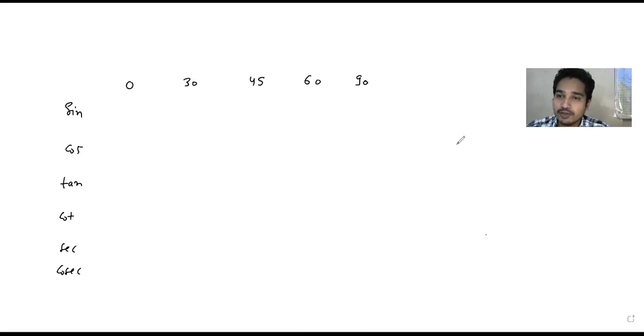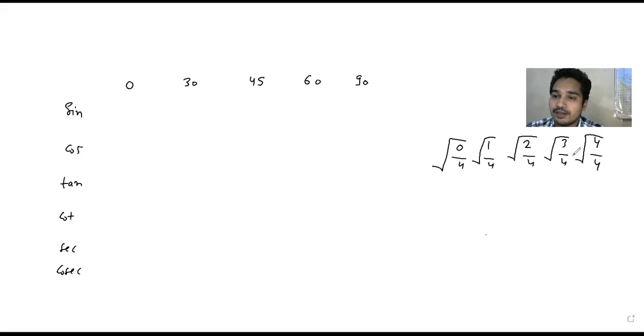So first we have to write 0, 1, 2, 3, 4, and you have to divide all the numbers by 4. This is our trick. Okay, and after that you have to put a under root sign in all of them. Okay, now trick is complete.